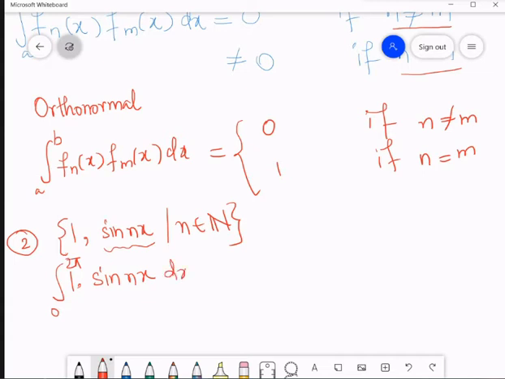And I have to show that this turns out to be 0, because these two are distinct elements from this particular set. The other combination will be this taken again with itself.